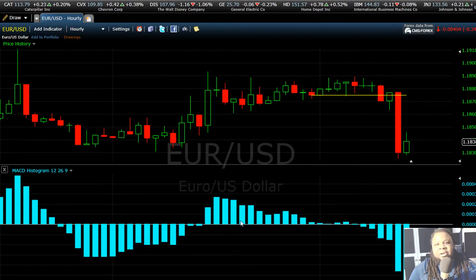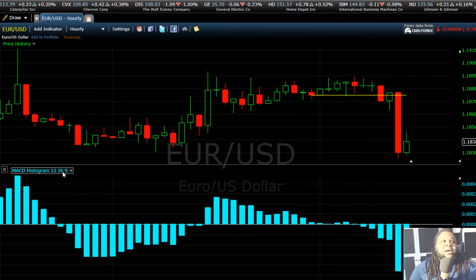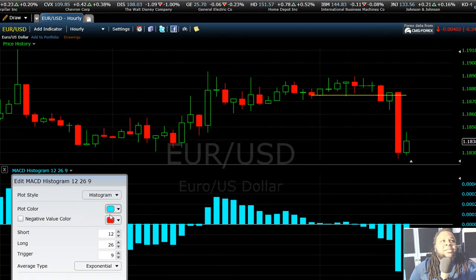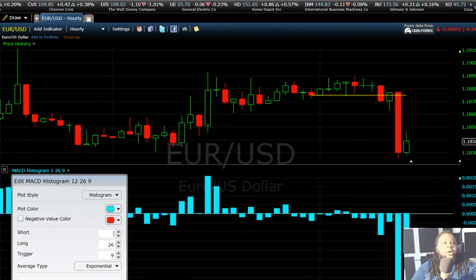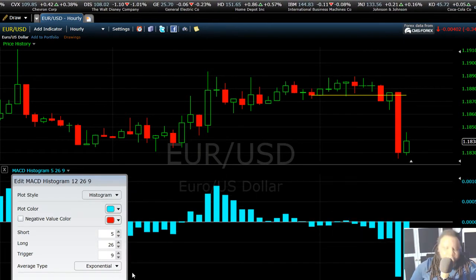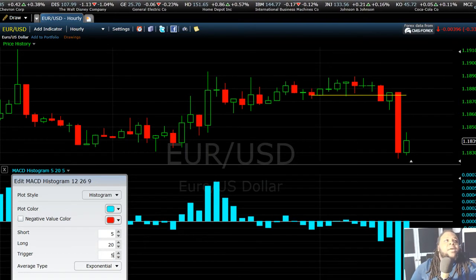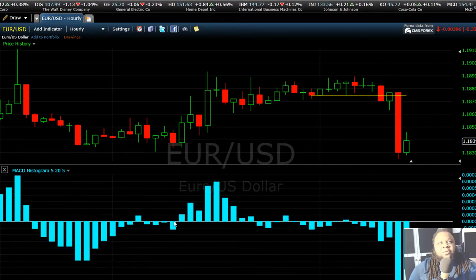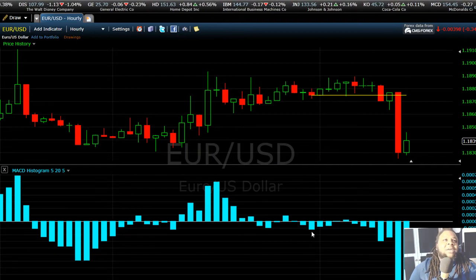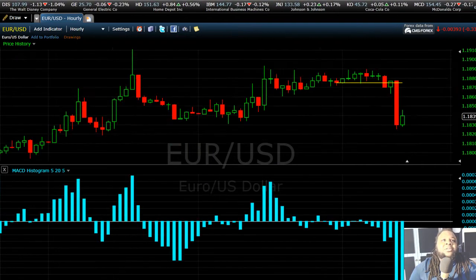I really thought they had the OSMA up here, but call it a MACD histogram. I guess they're the same thing. All right, so values was 5, 20, and 5. And what you are looking for, of course, is crossovers. These are kind of choppy, so I would say you want to filter those out.